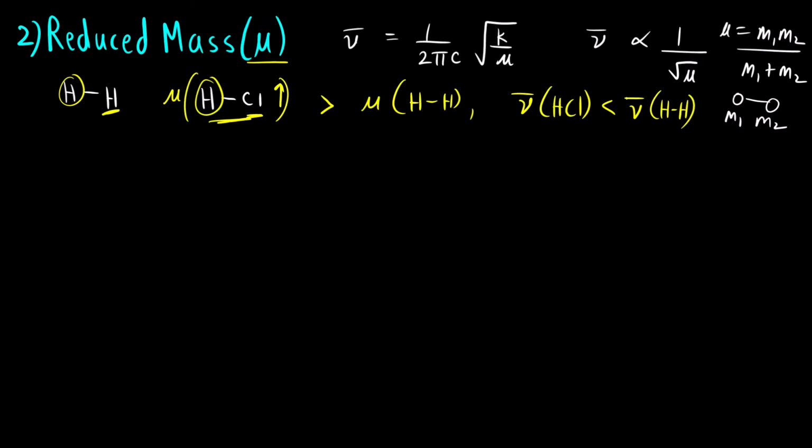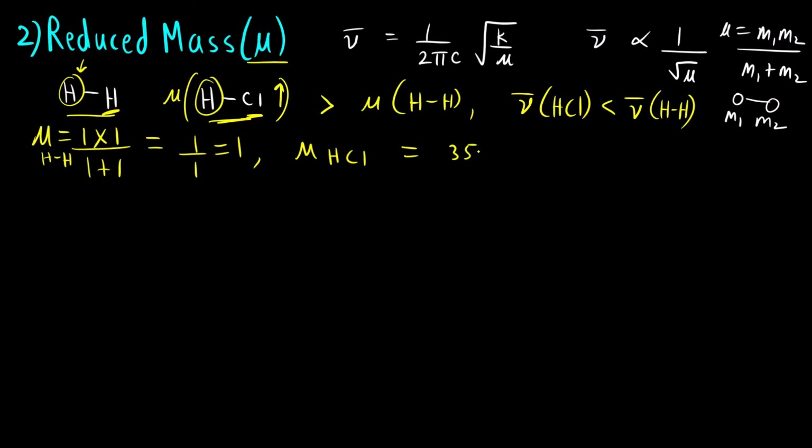And how do you calculate reduced mass? For H2, the atomic mass of hydrogen is 1, so 1 into 1 divided by 1 plus 1, that is 1 divided by 2. And for HCl, mu of HCl will be 35.5, that is for Cl, into 1 divided by 35.5 plus 1.